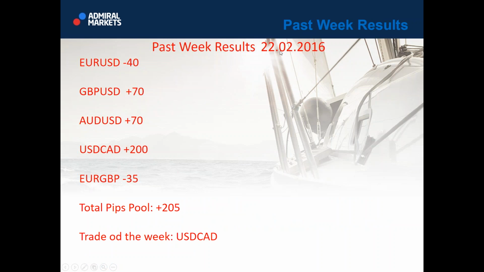Past week results. Okay, this is the wrong date. That is actually 7th of March 2016. So past week results. Euro dollar was bad. It was a loss, minus 40 pips on euro dollar. Well, actually, some people took the late breakout trade and made up for the loss.